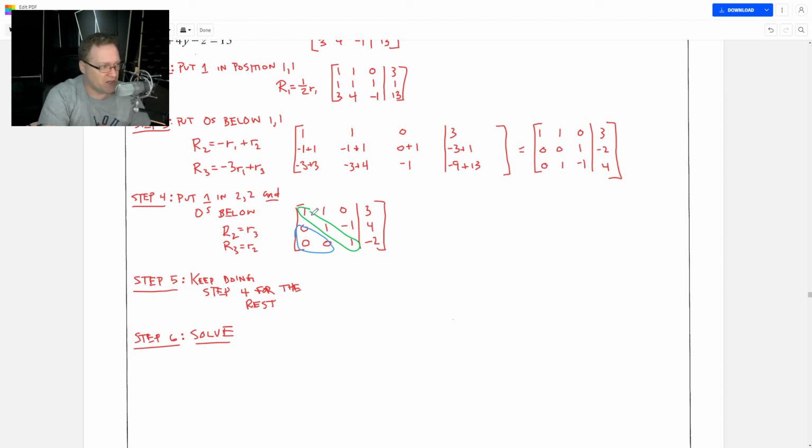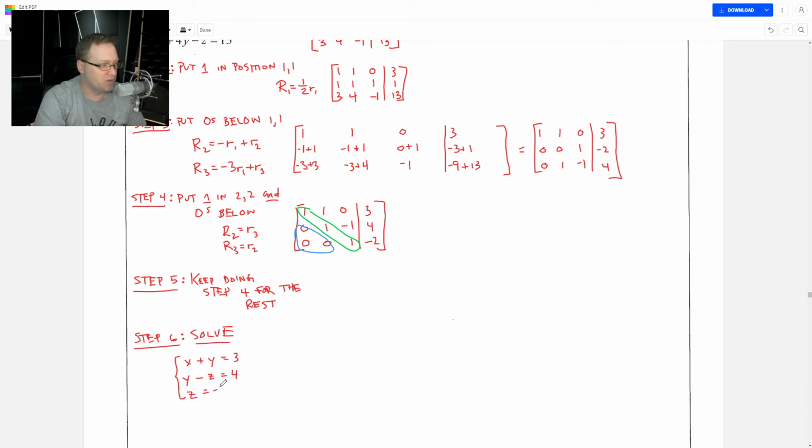What does this represent? Well, this represents we have x plus y equals 3, right? x plus y equals 3. We also have y minus z equals 4.